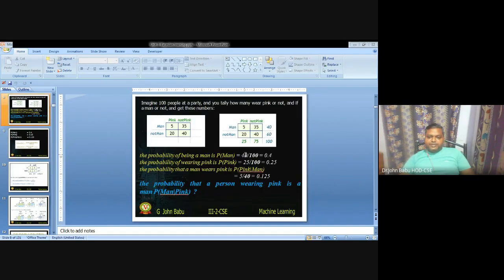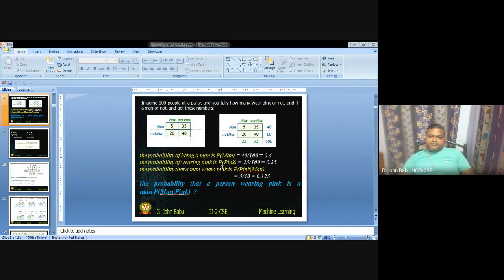Wearing a pink, probability of a man is 40. So 40 by 100, that is 0.4. Probability of pink is, total pink, how many are wearing? 25 are wearing. 25 by 100, 0.25.